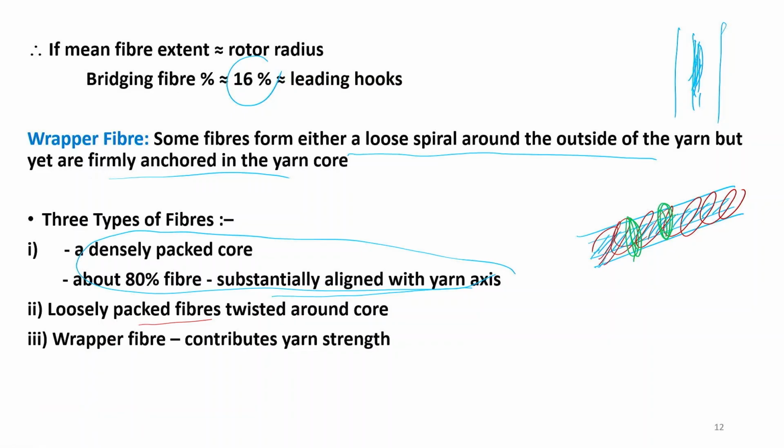Due to the wrapper fiber, the fibers are compressed, and it adds to the strength of the yarn. And due to the presence of the wrapper fiber, the main problem is that the rotor yarn becomes stiff, and we also cannot untwist it. It is very difficult to untwist the rotor yarn, mainly due to the wrapper fiber. Wrapper fiber will restrict the untwisting of the rotor yarn.